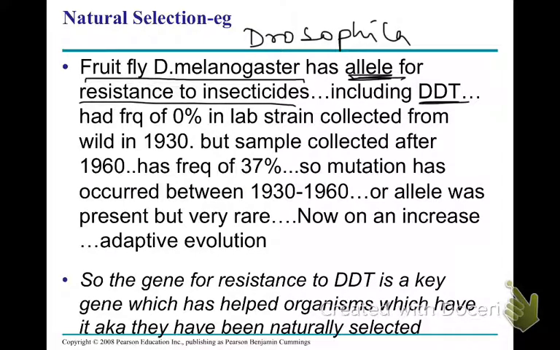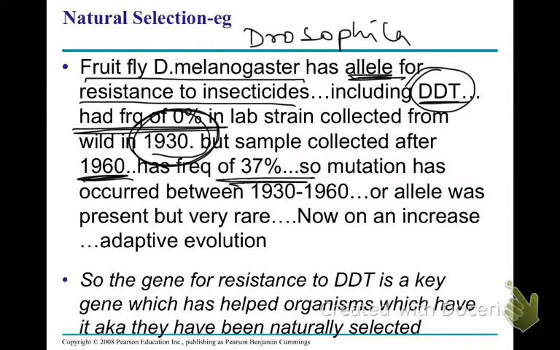The frequency of this allele was 0% in the lab strains collected from the wild in 1930. In the lab they still have strains that they had collected in 1930 and before, and they have 0% frequency for resistance to DDT or any other insecticides. But when they collected samples from the wild after 1960, they noticed 37% of the population had this particular gene present in it.